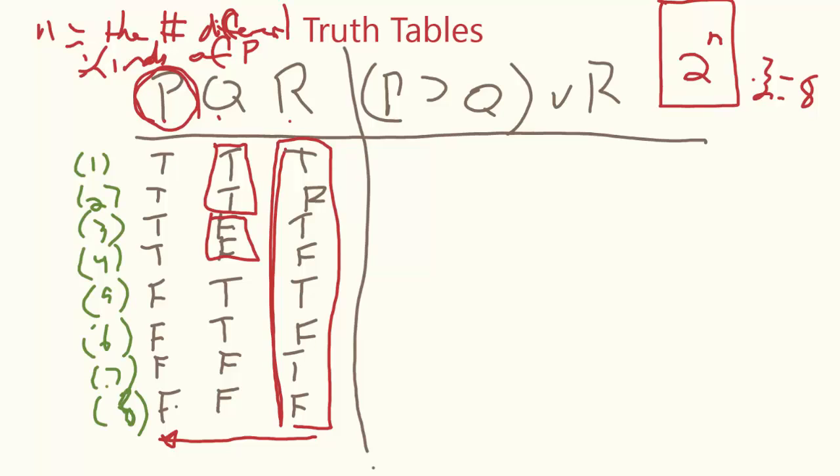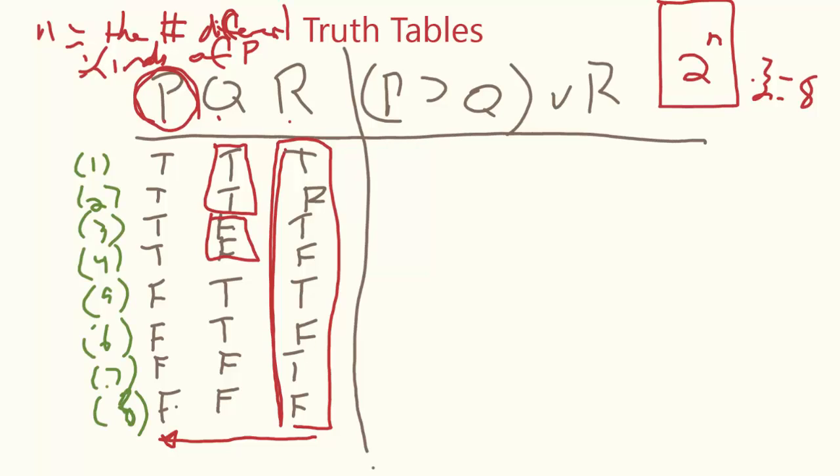And then you continue that pattern until it fills up the number of rows that's needed. And then you just double the 2 T's to 4 and the 2 F's to 4 F's. And then if we had 4 propositions instead of 3, you get 8 T's, 8 F's as you move left, right? And then you get 16 and 16, and then you get 32 and 32, and your truth tables get very huge very quickly as we introduce more simple propositions.